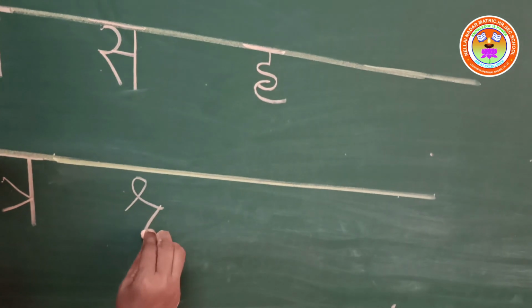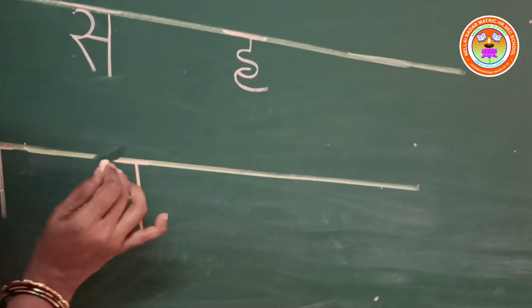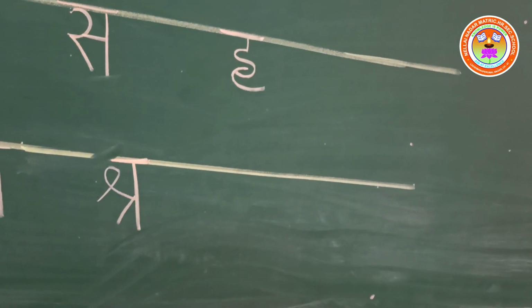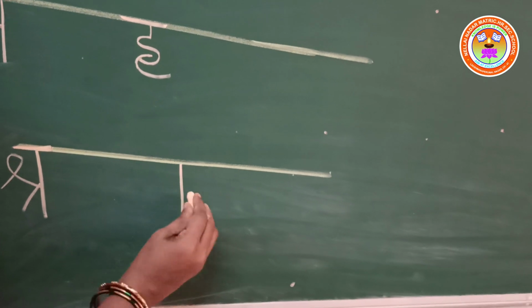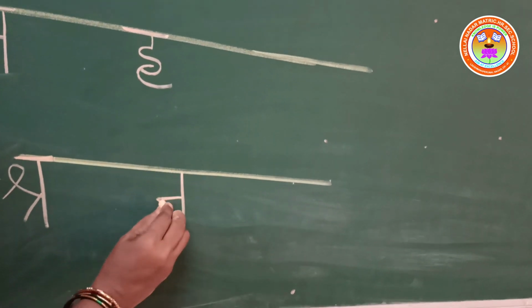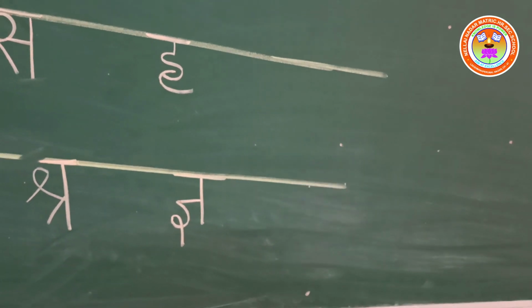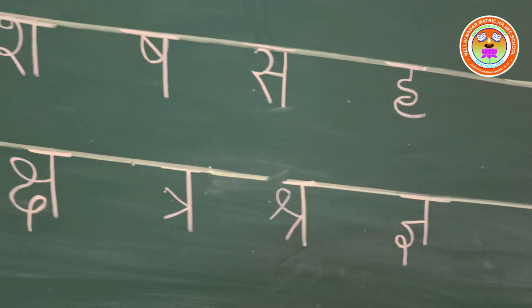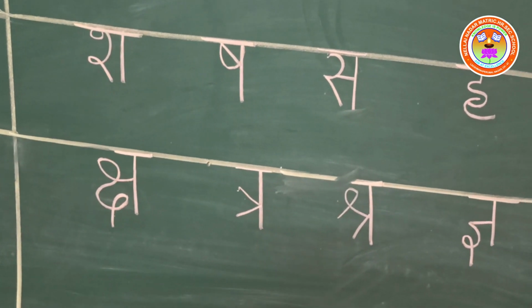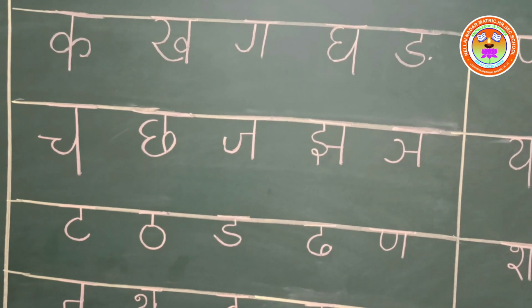Draw an S-like curve which touches the straight line and a sleeping line on top of it. Shra. Draw a straight line, a small sleeping line and a hook and a sleeping line on top of it. Nya. Ksha, tra, shra, nya.